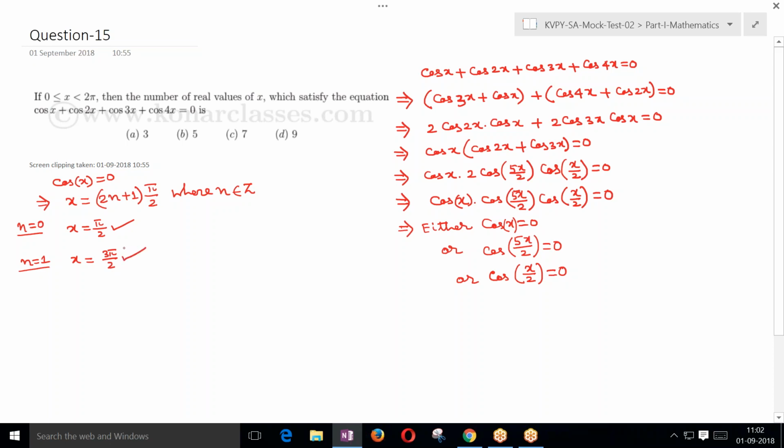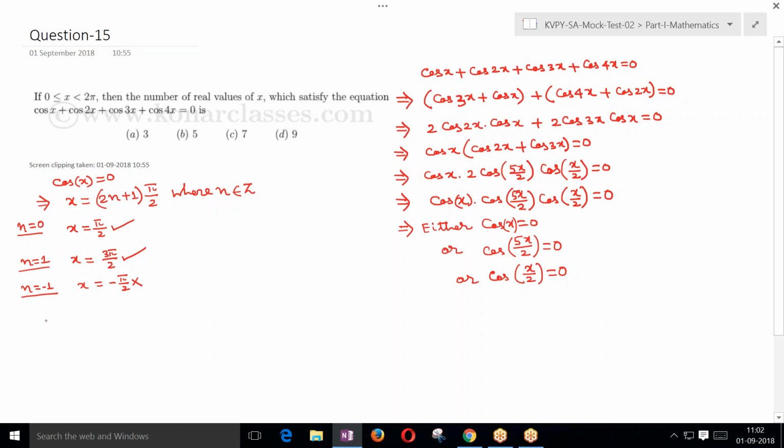So that's why it is also an acceptable solution. Now let's put n is equal to minus 1. The moment we put n equal to minus 1, x becomes what? 2 into n, so n is minus 1, 2 into minus 1 is minus 2 plus 1, that is minus 1. So minus pi by 2. Minus pi by 2 is not in the range between 0 to 2 pi.